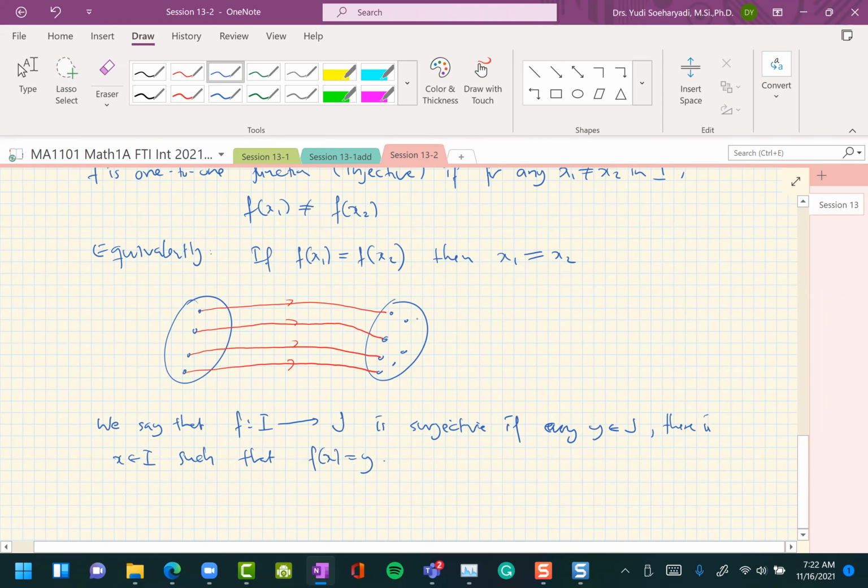So everything in the codomain, sorry, everything in the range should have a partner in the domain. This is not the case in this particular one, because you see that you have three y's which don't have any partner in x. So this is not surjective.